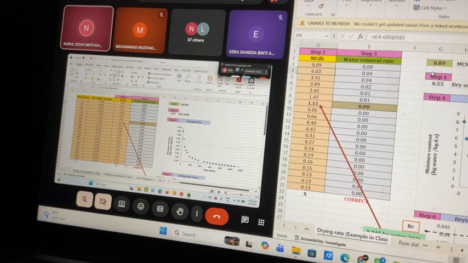You will get this answer, and then you drag. So if I do not have the value here, I just have to drag to the bottom, and you will get this answer.